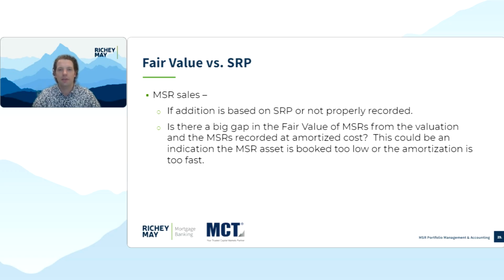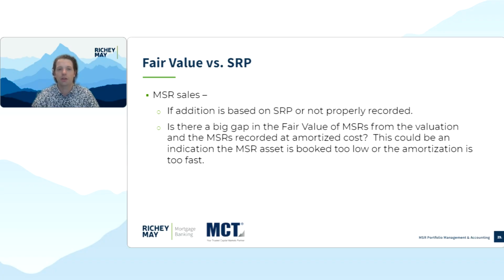As far as fair value and SRP, as Azad's graph alluded to, there are two different levels to it. The SRP and fair value aren't always going to align and are ever shifting. If fair value is significantly higher than amortized cost, it may indicate that the MSR value is being understated due to too much amortization expense.